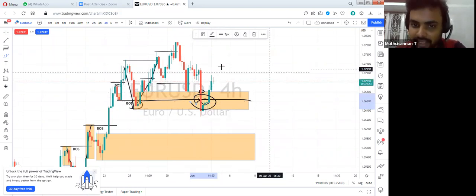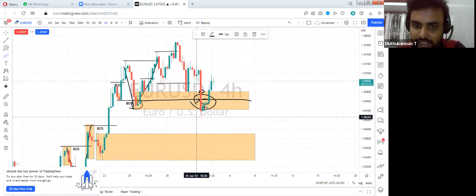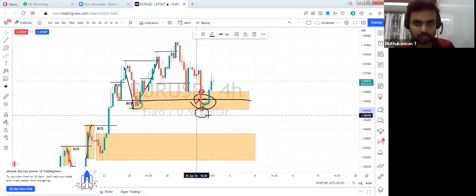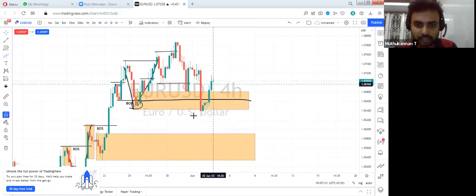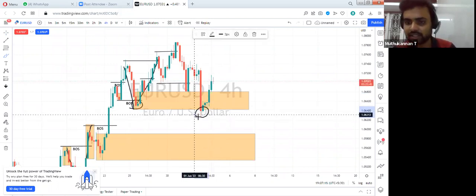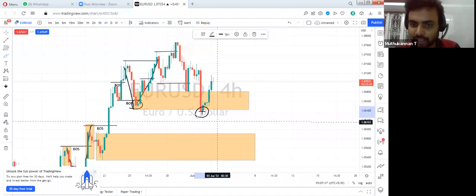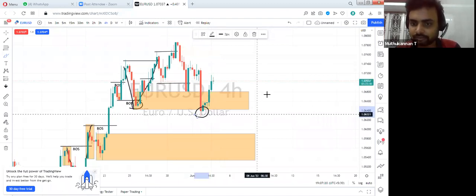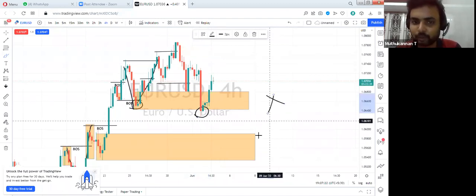In that case, you can still take entry from this bottom. Even though this zone failed, you would have taken entry from here. After learning the Saturday session, I can promise you that you will be able to take entry from here. The zone doesn't matter.